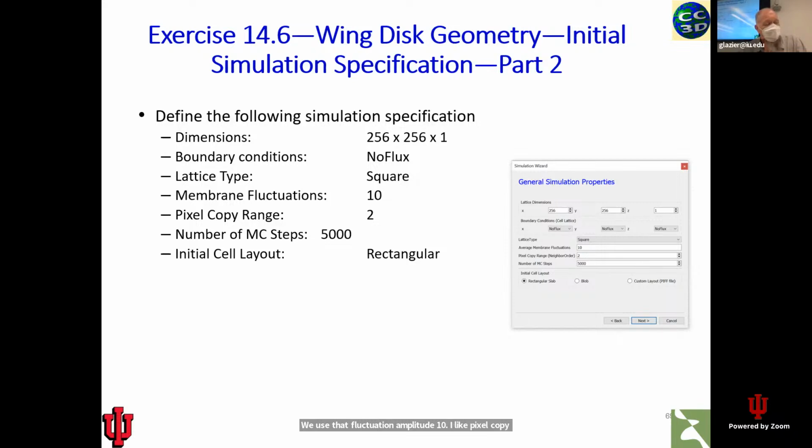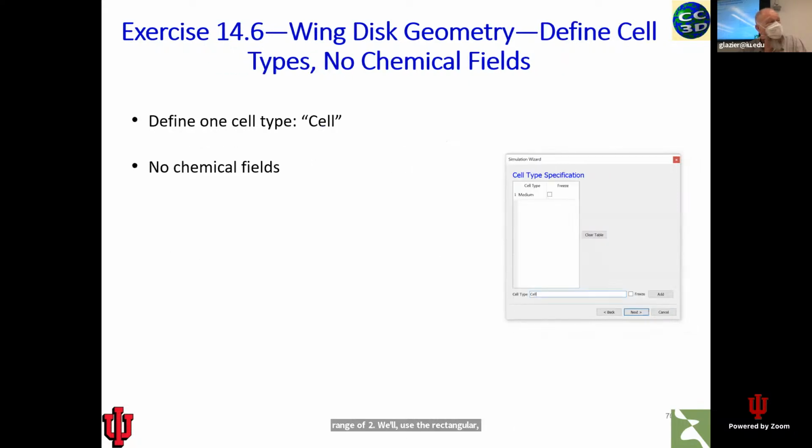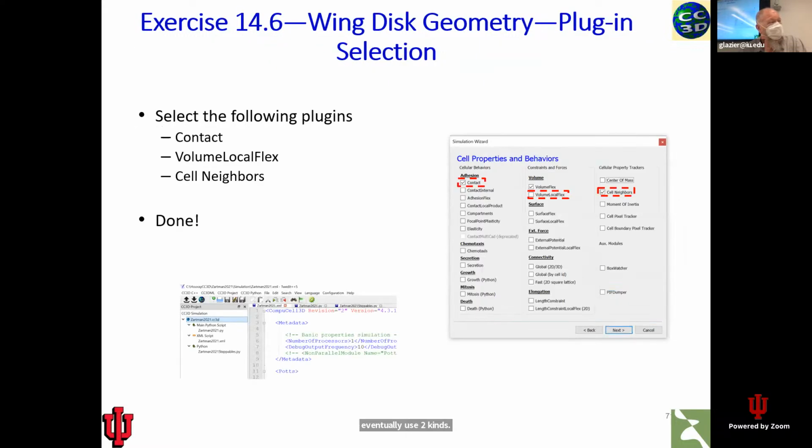We'll use a rectangular slab initial layout. We still only have one kind of cell, although we might eventually use two kinds. No chemical fields, and we'll have contact energy, volume, flex. We don't have cell growth in this model. We'll have neighbor tracker turned on, and that's all we have.